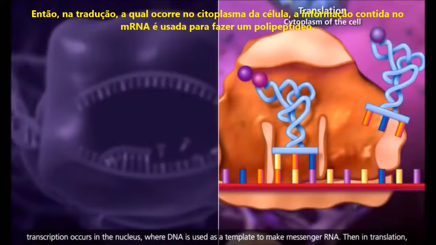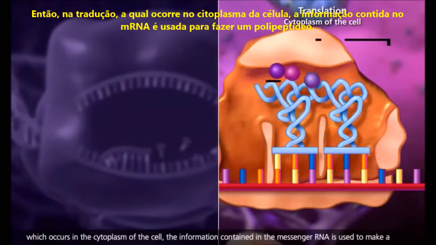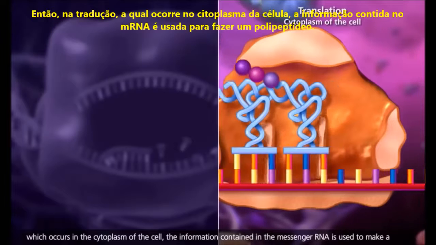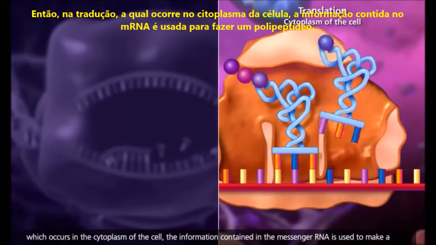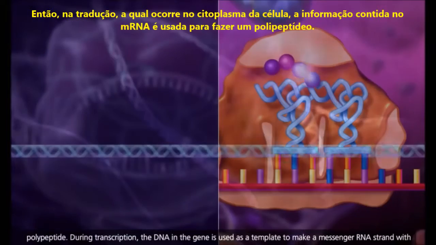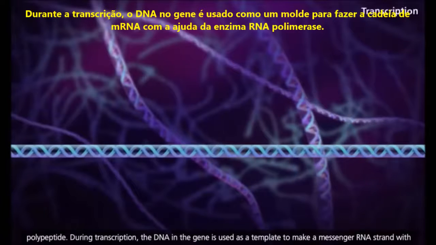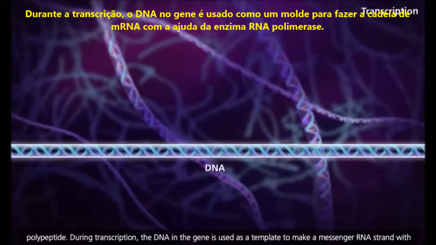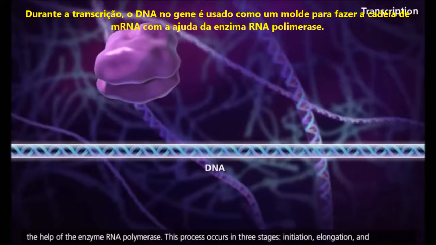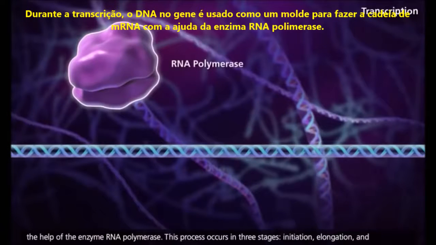Then in translation, which occurs in the cytoplasm of the cell, the information contained in the messenger RNA is used to make a polypeptide. During transcription, the DNA in the gene is used as a template to make a messenger RNA strand with the help of the enzyme RNA polymerase.